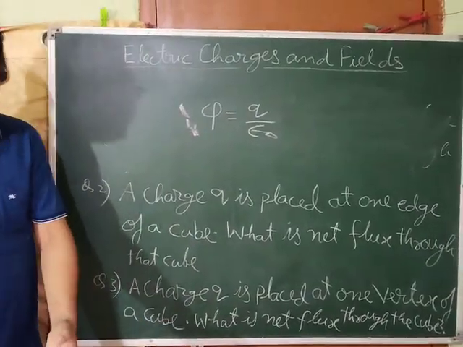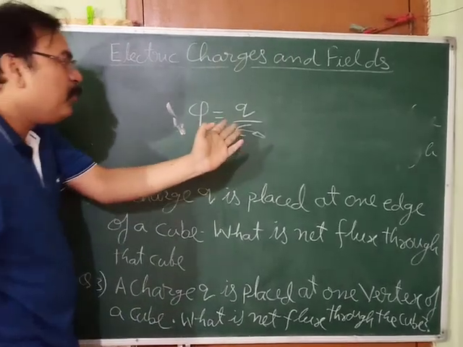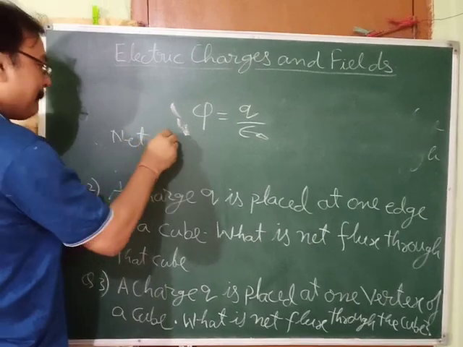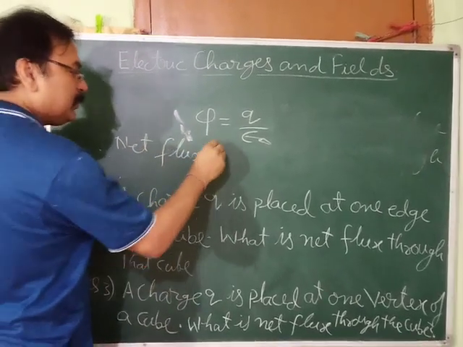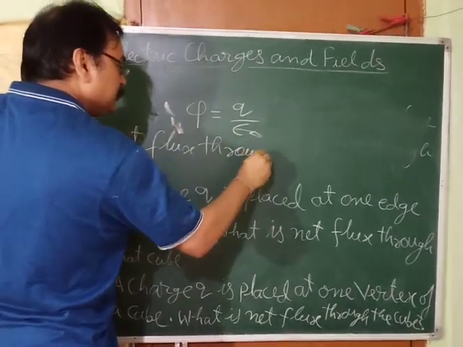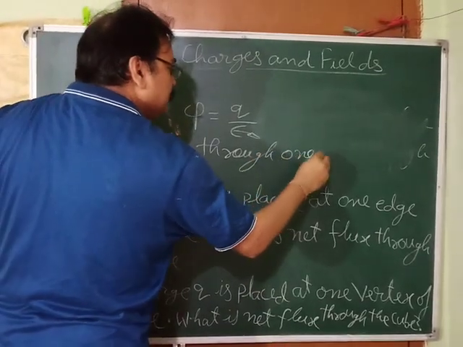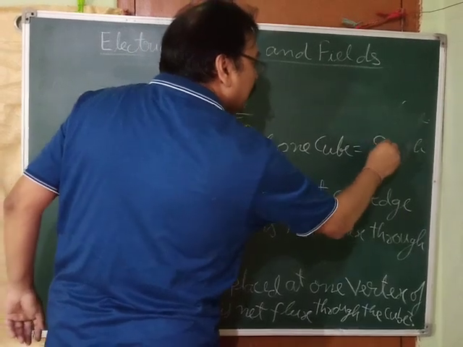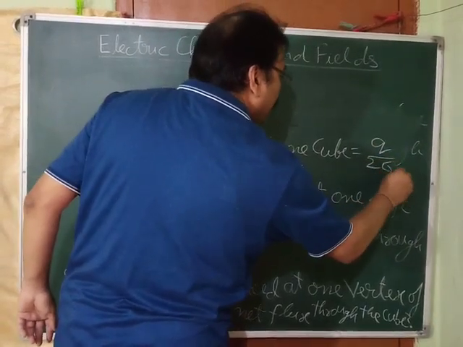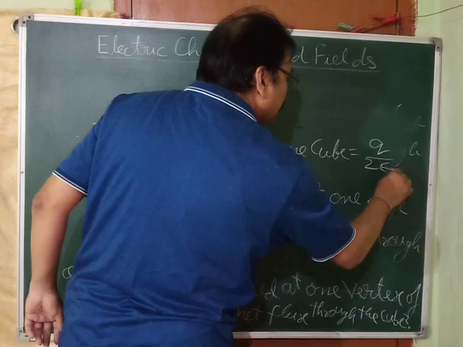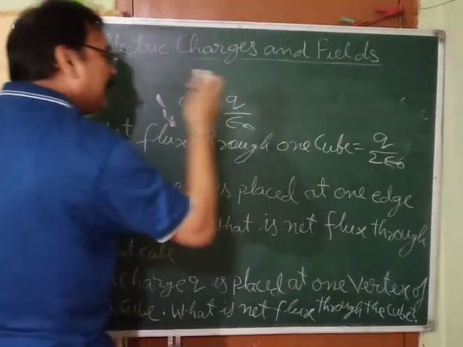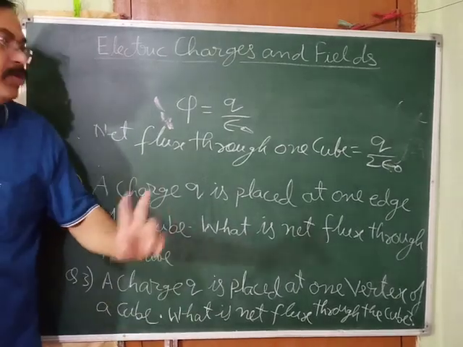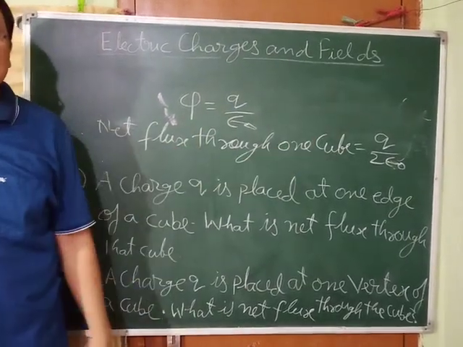Obviously both are similar cubes. So through one cube, the net flux equals q by 2 epsilon naught. So half of that. Got it? Through two cubes it is this much, through one cube it is half of that.